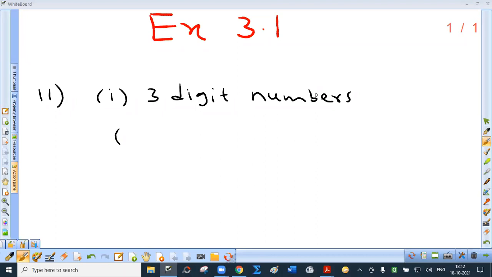Next line. Tens place can be filled in 4 ways. And units place in 3 ways.